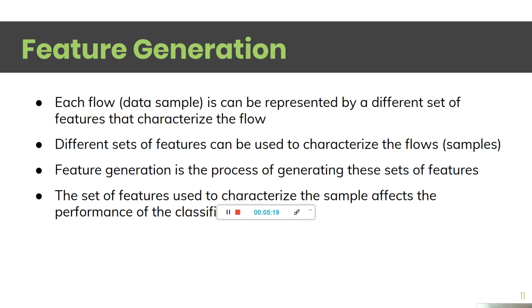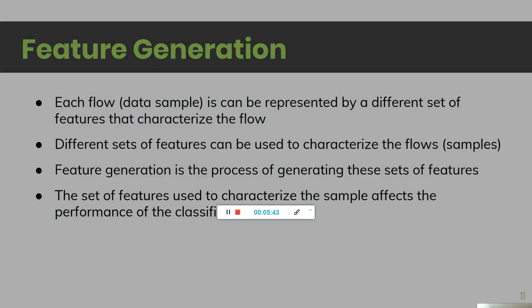The set of features can be changed, and new features can be added, features can be combined, which is usually referred to as feature engineering. And the set of features being used to train the machine learning models do impact the performance of these models in terms of accuracy and general performance in terms of time.